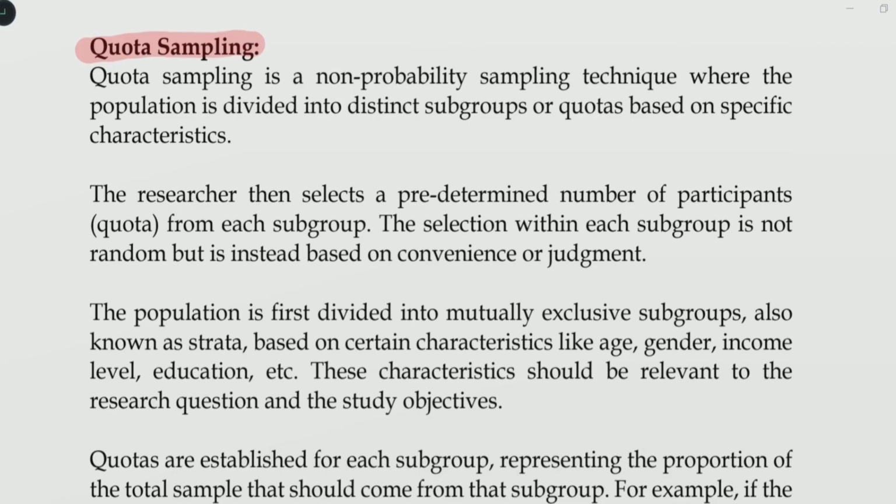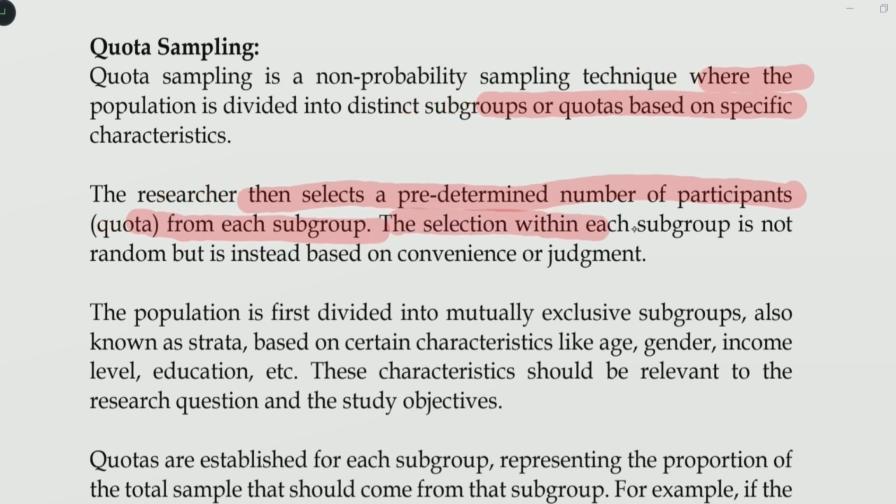Then comes quota sampling. Quota sampling is a non-probability sampling technique where the population is divided into distinct subgroups or quotas based on specific characteristics. The researcher then selects a predetermined number of participants, that is quota, from each subgroup.